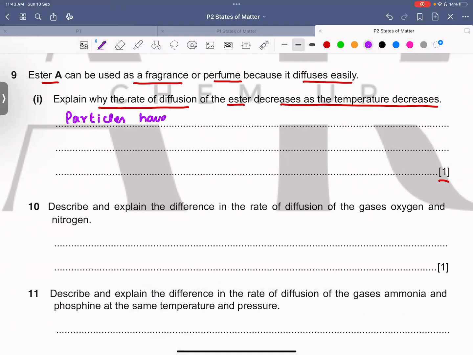Particles have less kinetic energy, hence particles move slower.